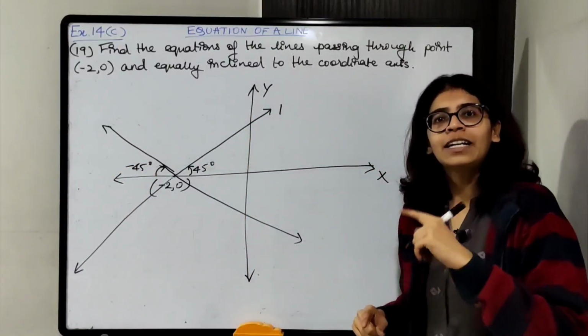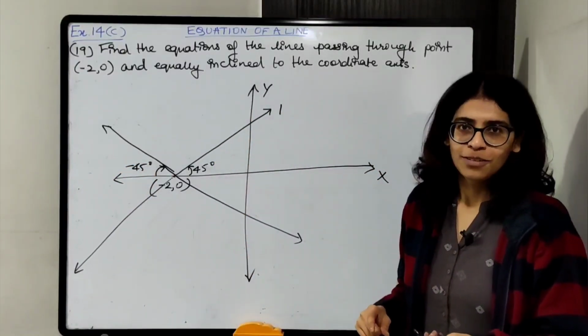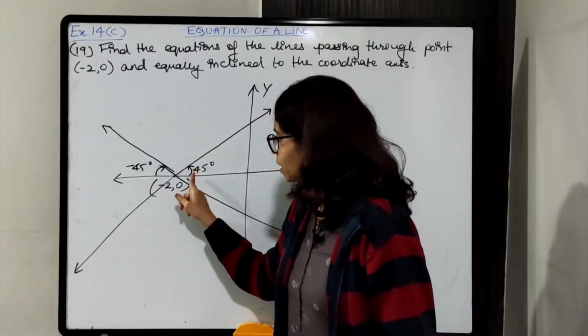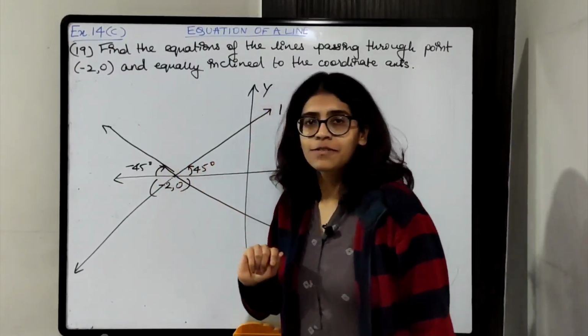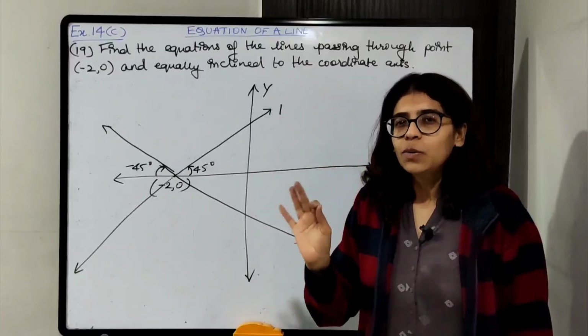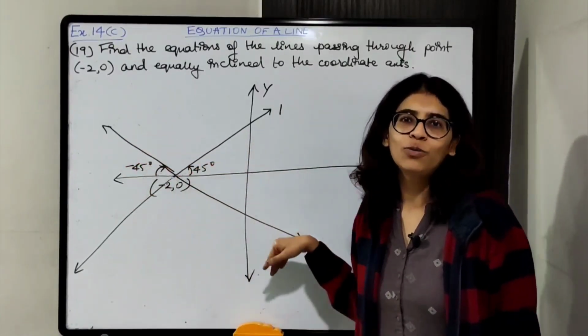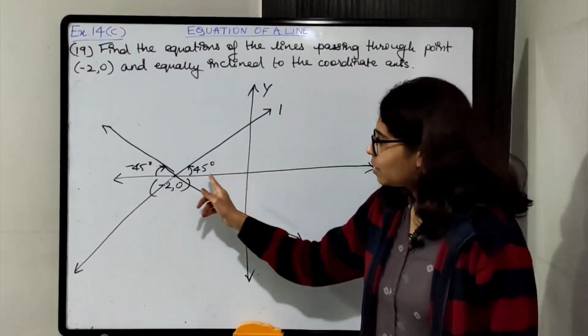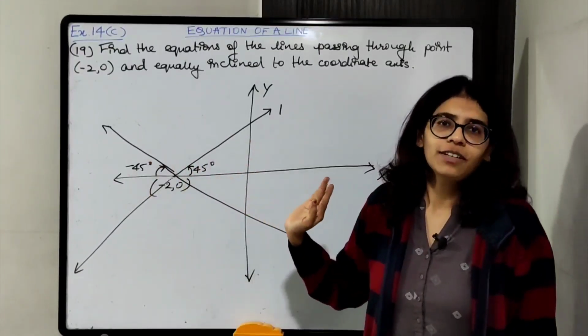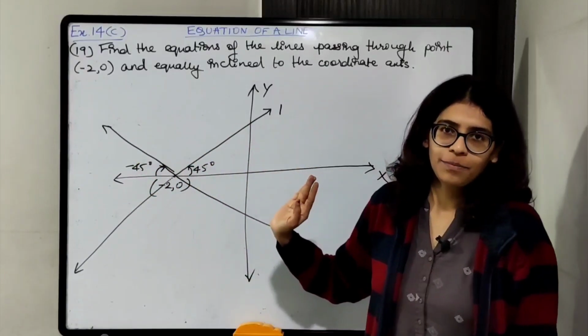Clockwise matlab negative, anti-clockwise matlab positive. So this is positive, this is negative. Always remember, equally inclined bola hai, ek X ho raha hai, ek X form ho raha hai. Dono ka angle 45 hai, ek positive hai, ek negative hai.